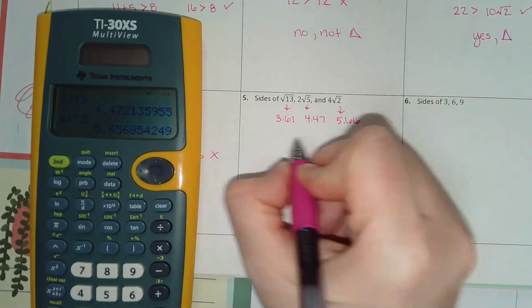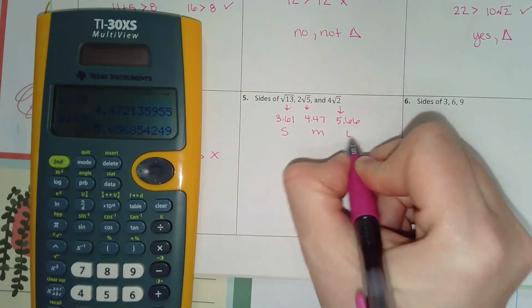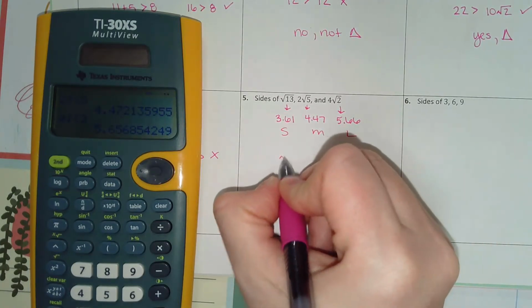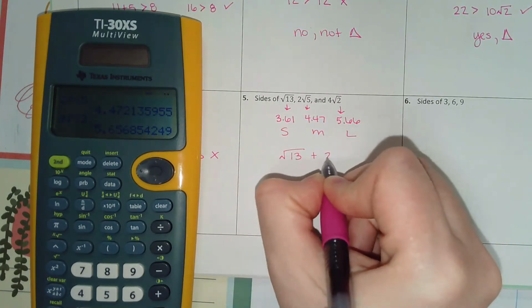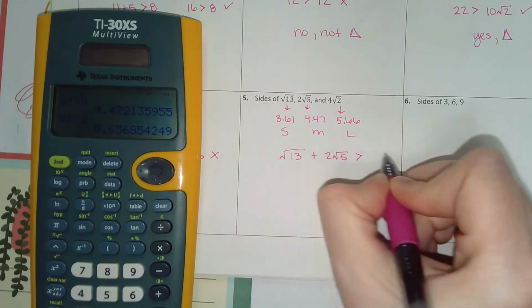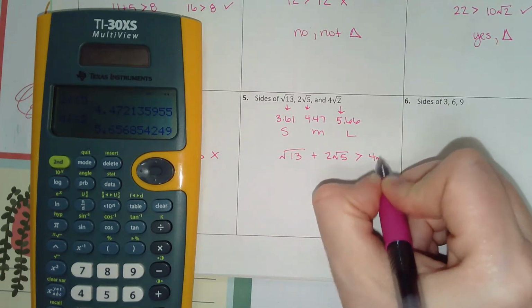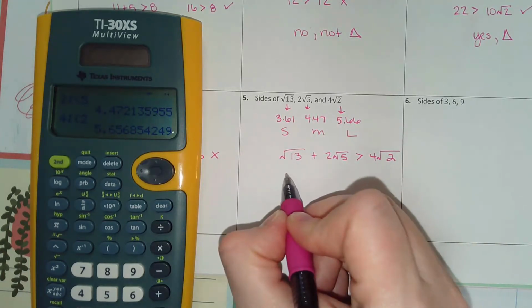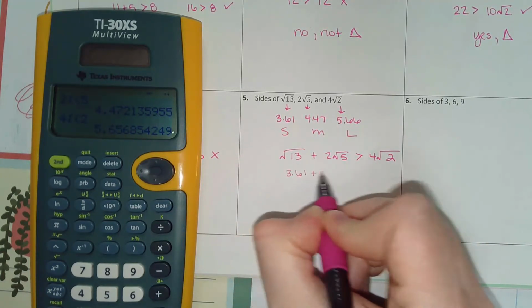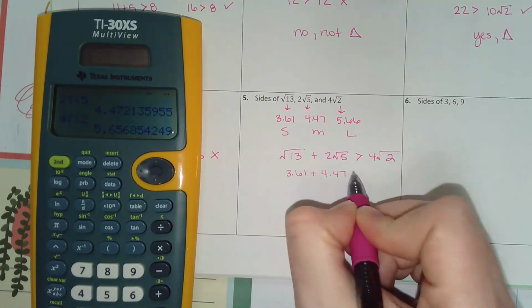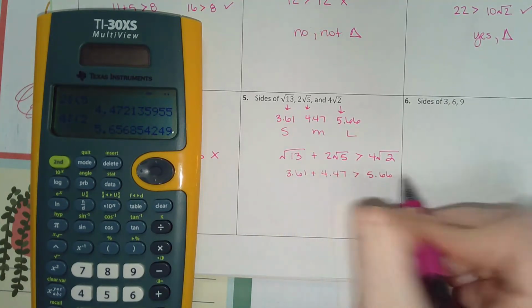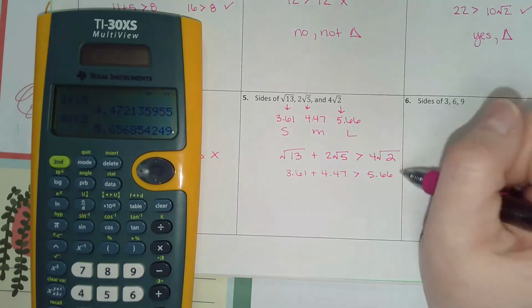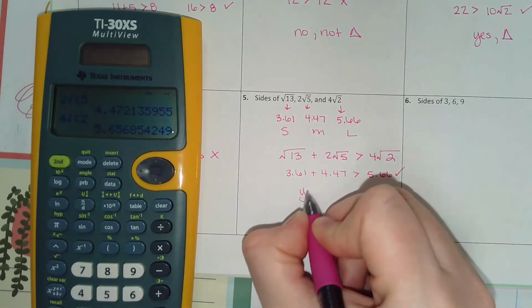So small, medium, large: is the square root of 13 plus 2 root 5 bigger than 4 root 2? Well, that means approximately 3.61 plus 4.47 greater than 5.66. The answer is yes. And so, yes, I have a triangle.